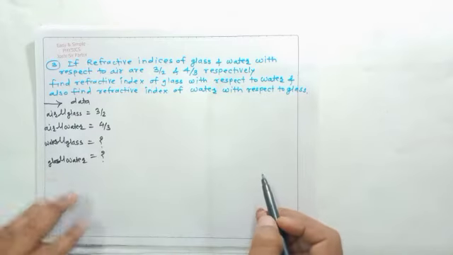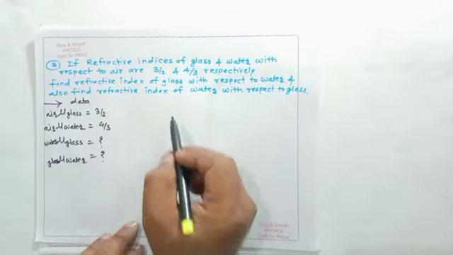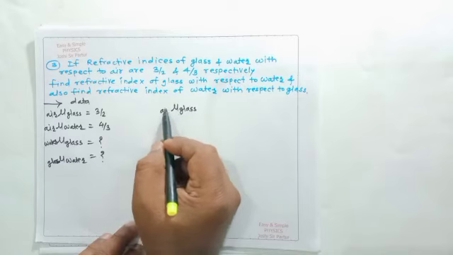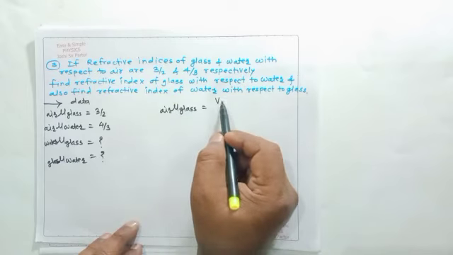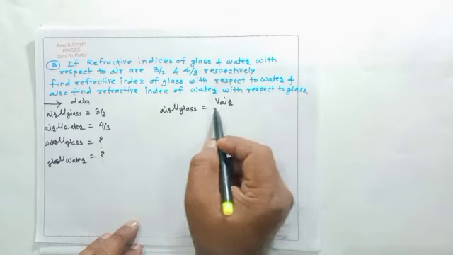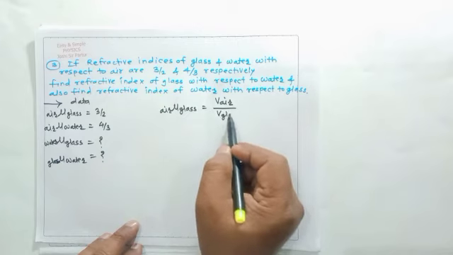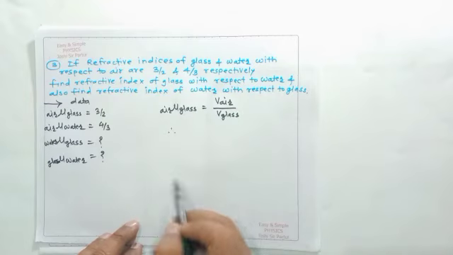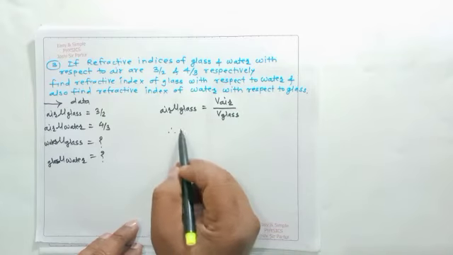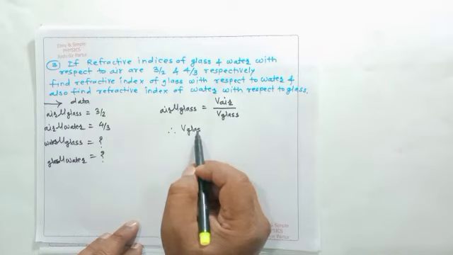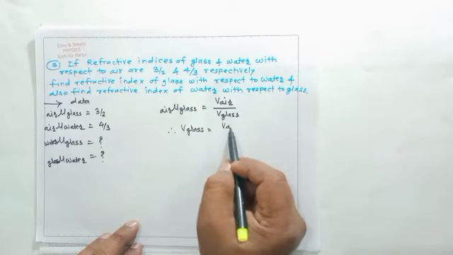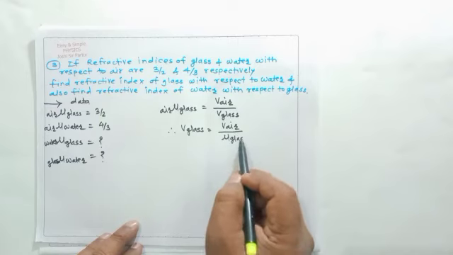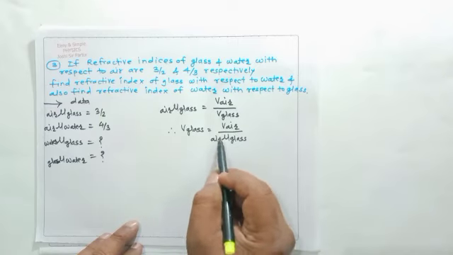So first, using Snell's law, we can use refractive index of glass with respect to air, that is velocity of light in air divided by velocity of light in glass. So here using rearrangement of the term, velocity of light in glass is equal to velocity of light in air upon refractive index of glass with respect to air.